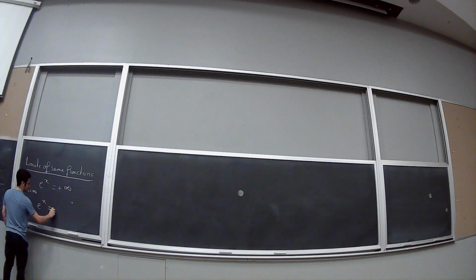Okay, great. So there are some limits that you'll need to know. If a function's limit as x goes to infinity of e to the x is plus infinity, and the limit as x goes to negative infinity is 0, so e to the negative infinity is 0.